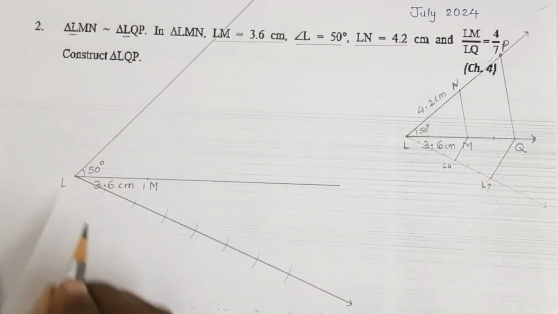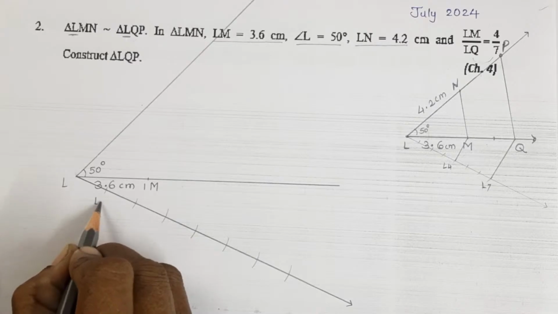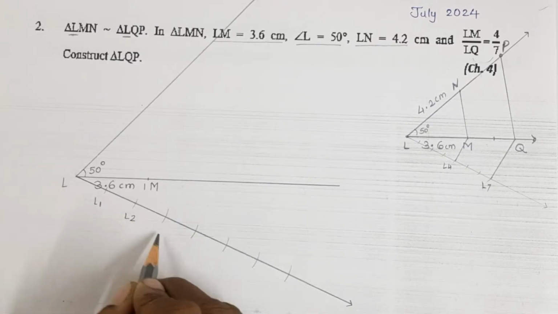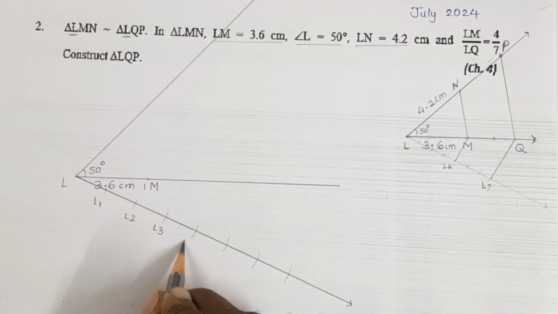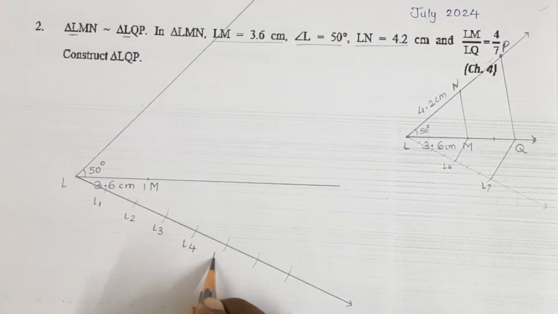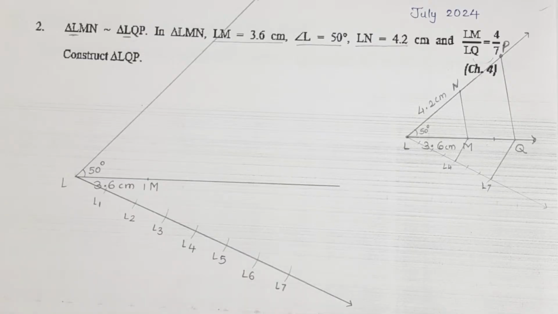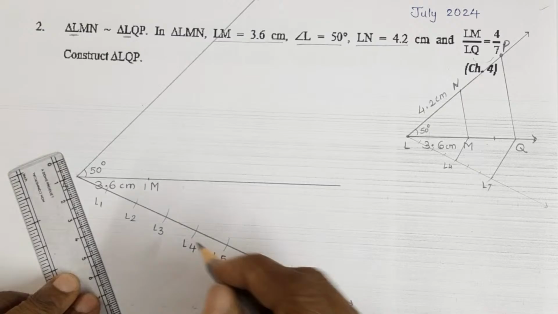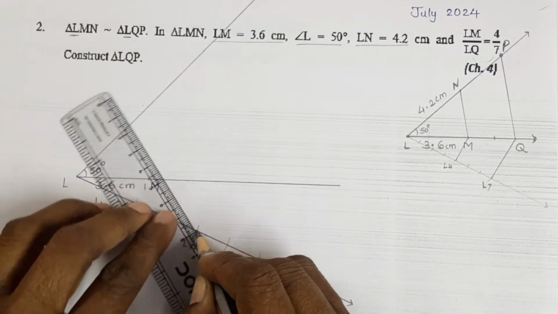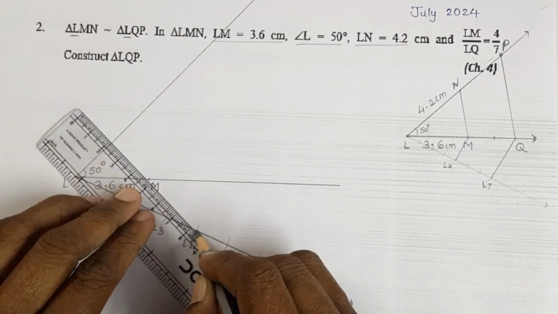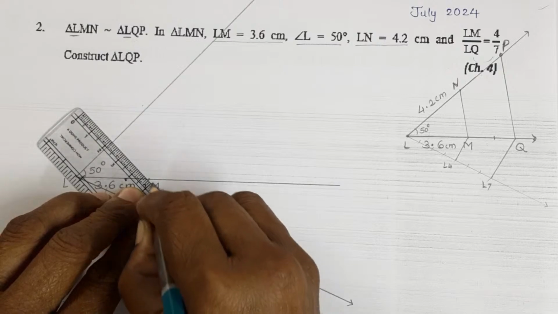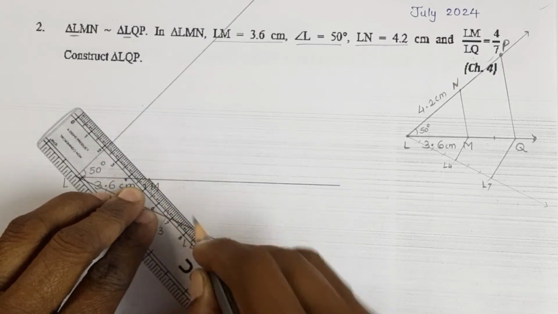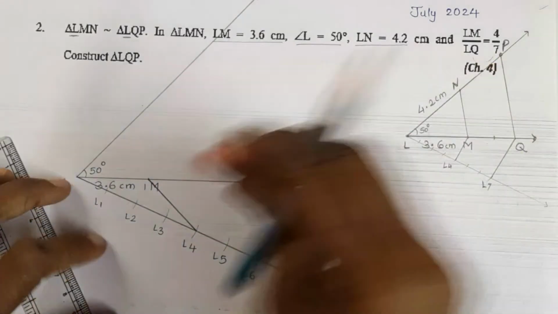And then I write down L1, L2, L3, L4, L5, L6, L7. Then here I join L4 to LM, this way, L4 to LM.